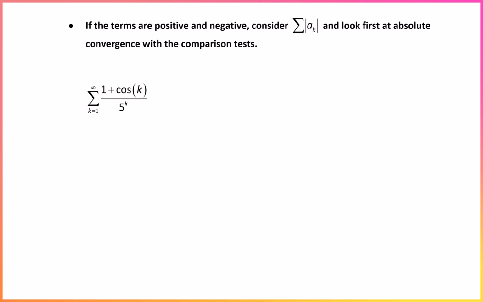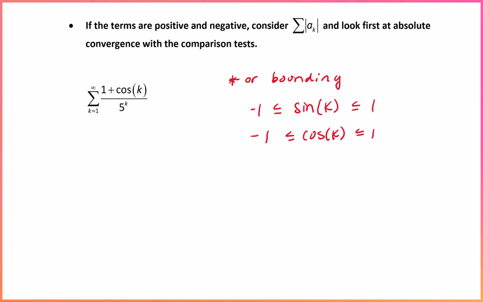Another thing we could add here is bounding. Anytime we've got functions, remember that sine of k is in between 1 and negative 1. Cosine of k is in between 1 and negative 1. Inverse tangent of k is between pi over 2 and negative pi over 2.